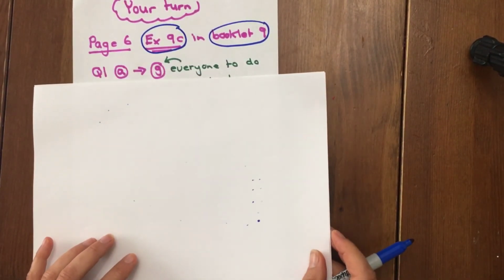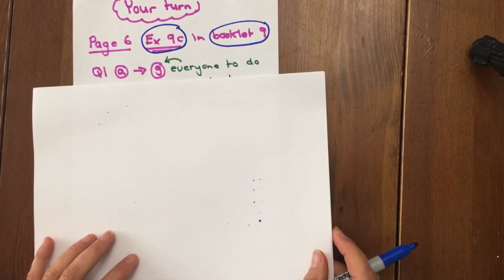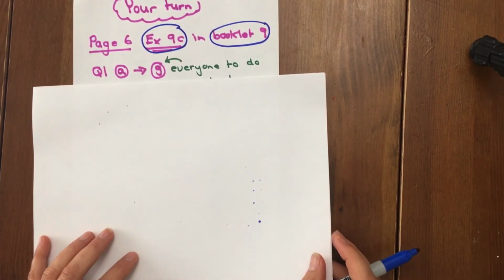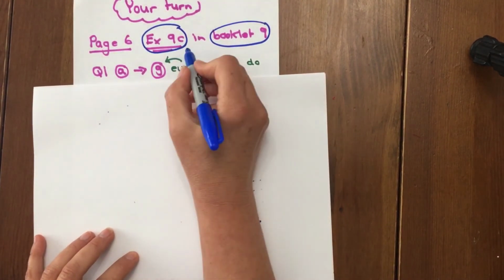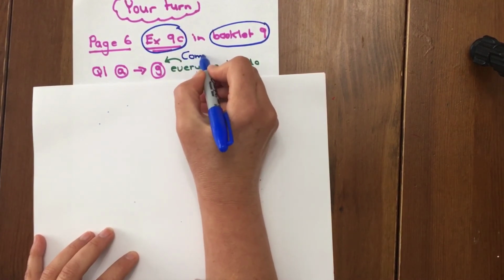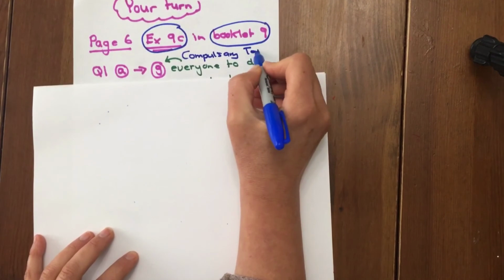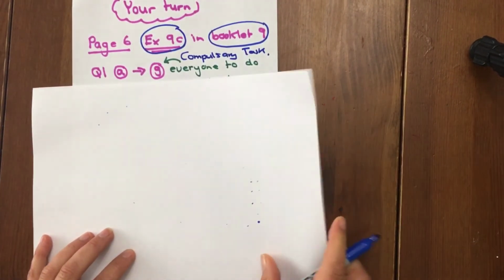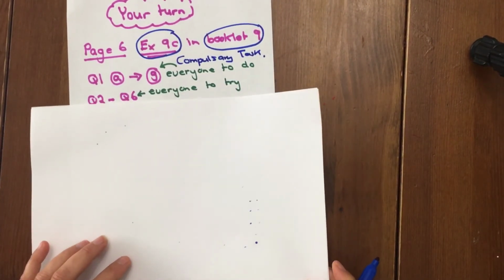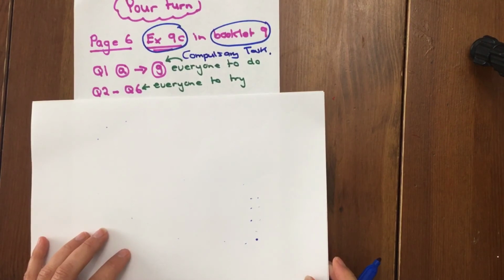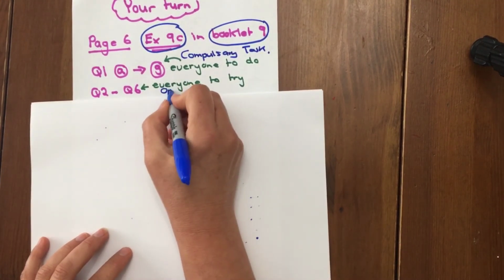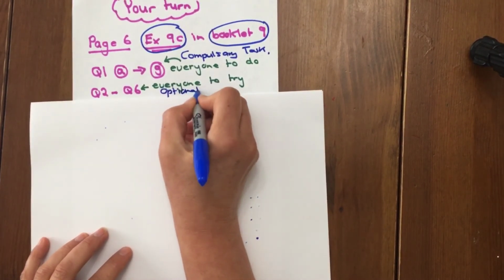So the first task is I want everyone to do question 1, A to G. That's your compulsory task. Okay, that's what I would like everyone to do. These two are optional tasks. Questions 2 to 6 is an optional task to try.